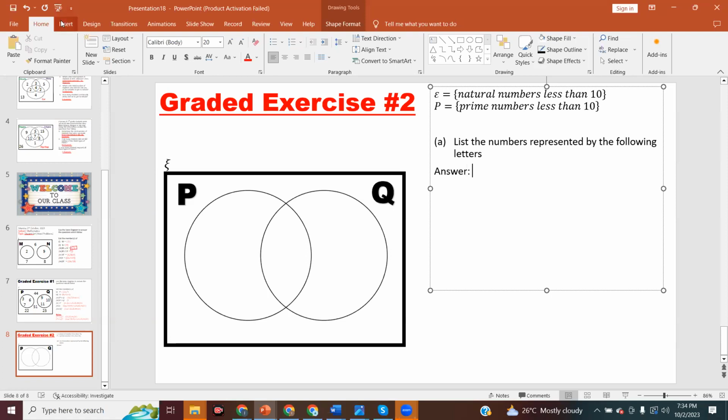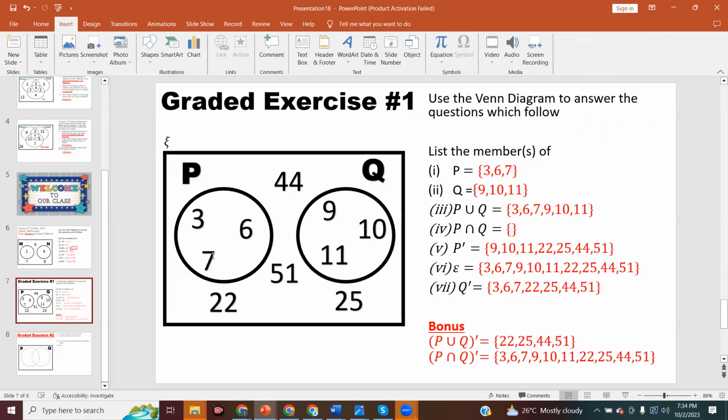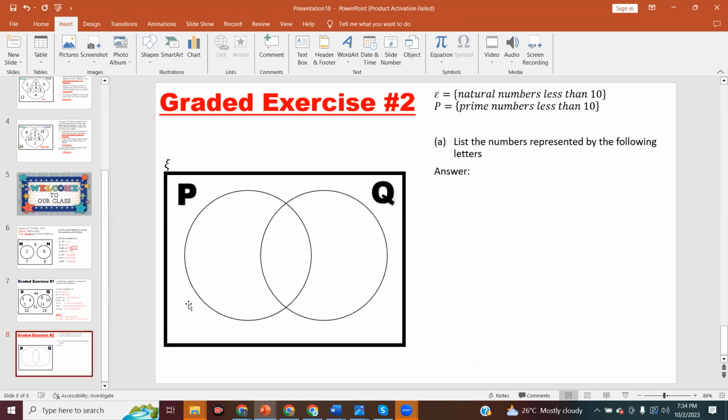So let's say inside this set, we have the numbers. Let's say that this is 3. Let's say that this is 7.